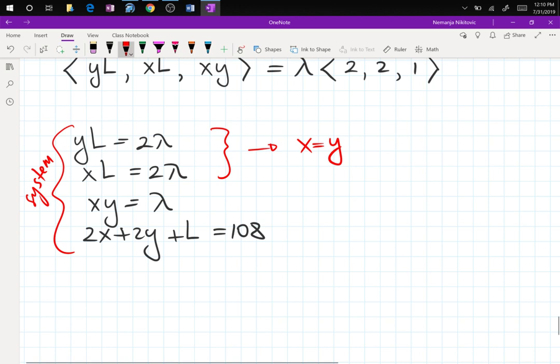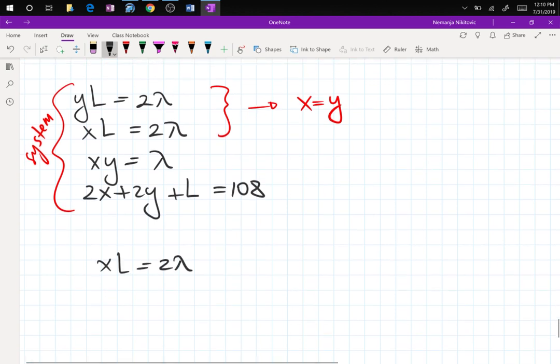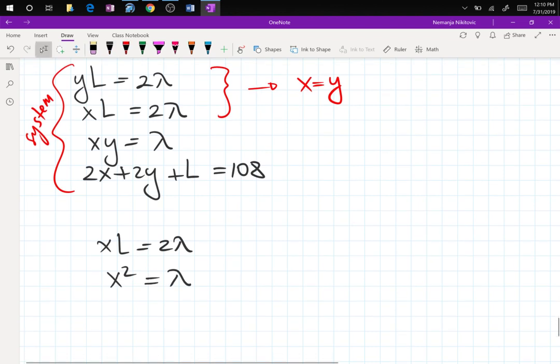So now that greatly reduces our equations. So let's kill y everywhere. So I have my xL equals 2 lambda. I have my x squared equals lambda. We're killing y's. I have 4x, because 2y is 2x now. So 4x plus L equals 108.